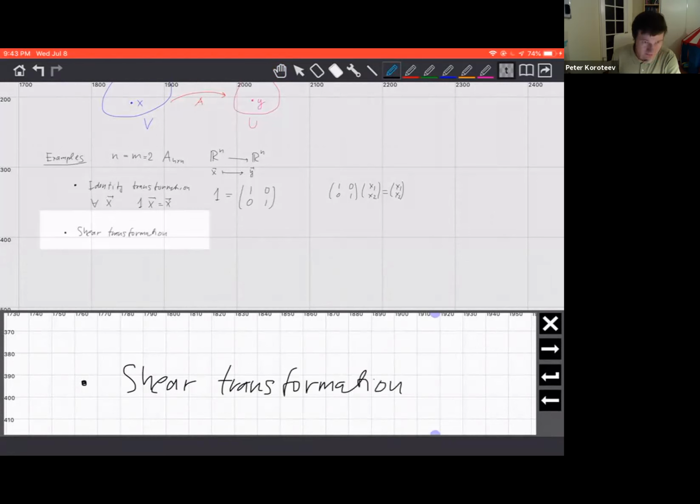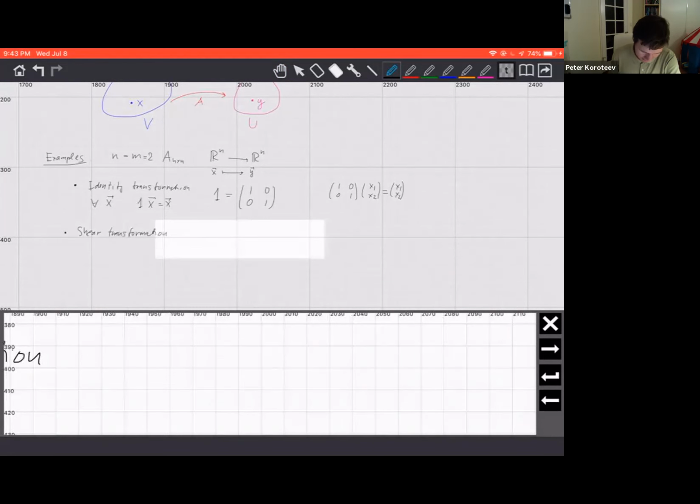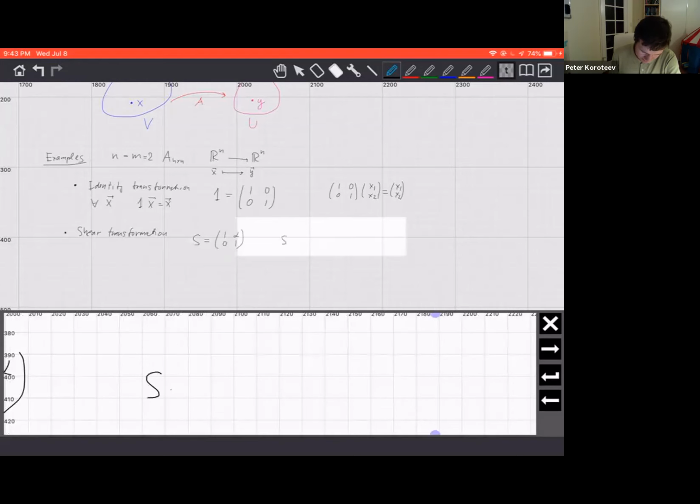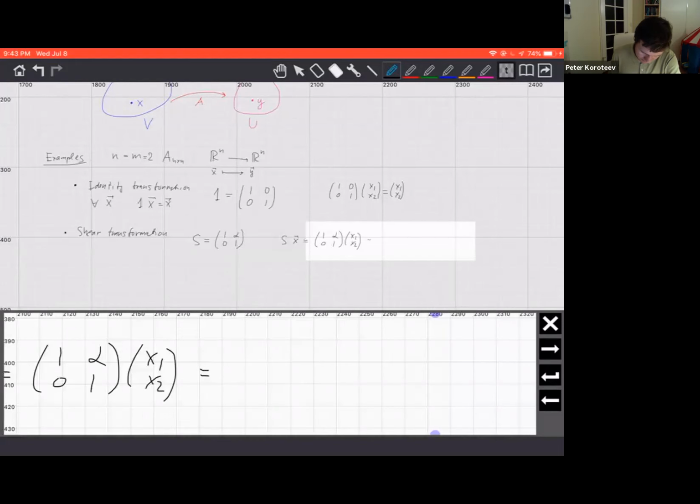It's given by the matrix, so let's call it S, which looks like 1, alpha, 0, 1. So let's see what it does. S times x is 1, alpha, 0, 1 acting on x1, x2, and gives x1 plus alpha x2, x2.